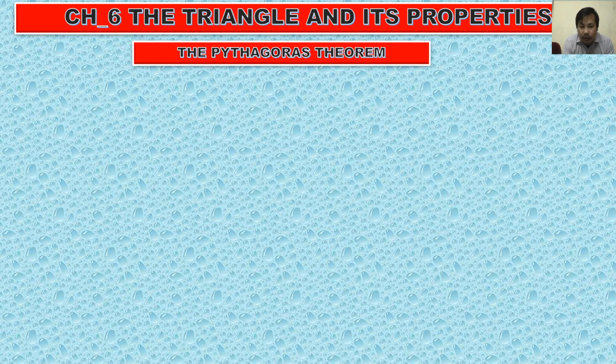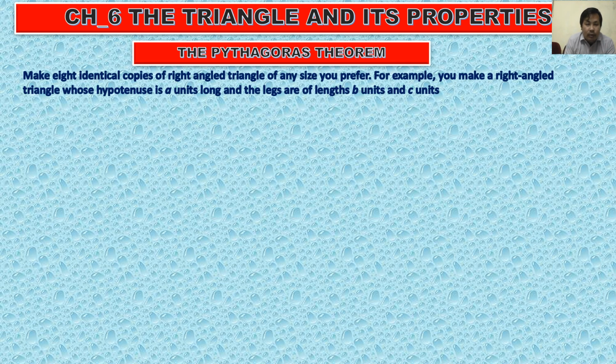How we can derive the theorem and the formula is going to be discussed here. In this topic I am going to show you the derivation of the Pythagoras theorem or Pythagoras formula. So let us see now.